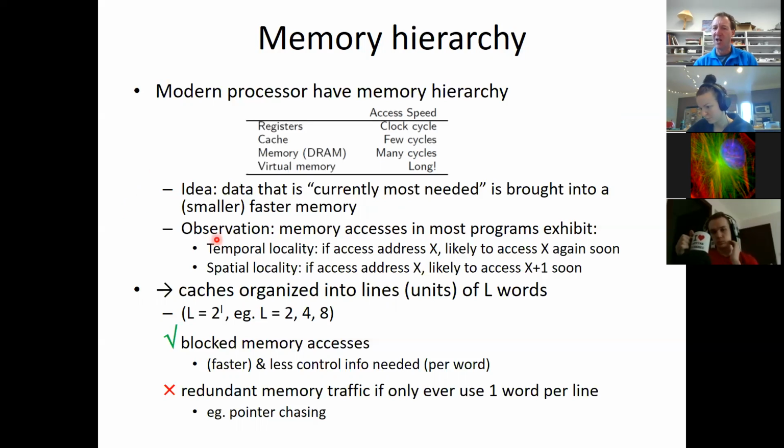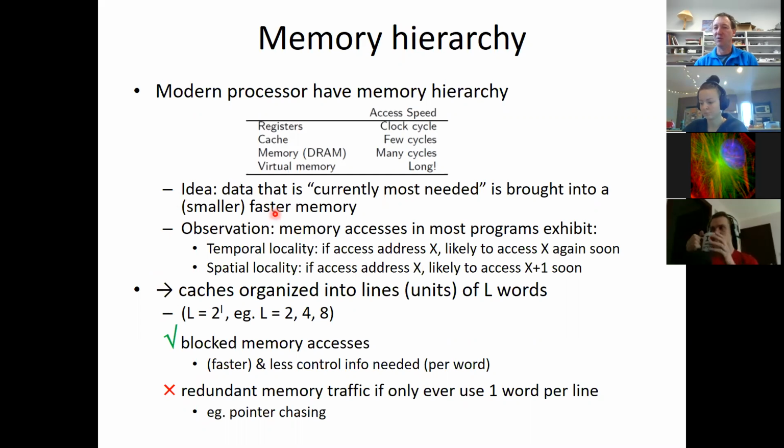If you have accessed a memory address X, you will likely access address X again very soon. This is time-wise, temporal locality. Or there is spatial locality, which means if you have accessed a certain address X, it is also likely that the neighboring address, X plus 1, will be accessed very soon.